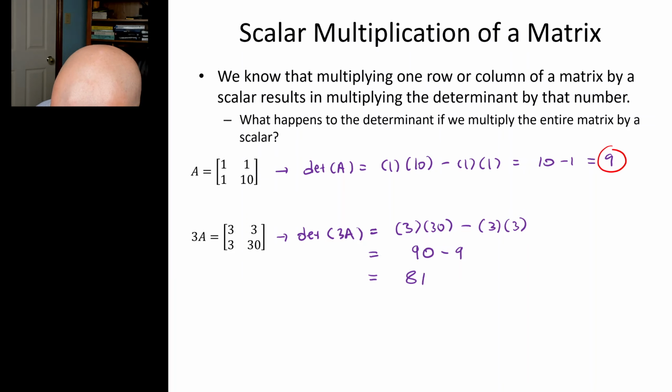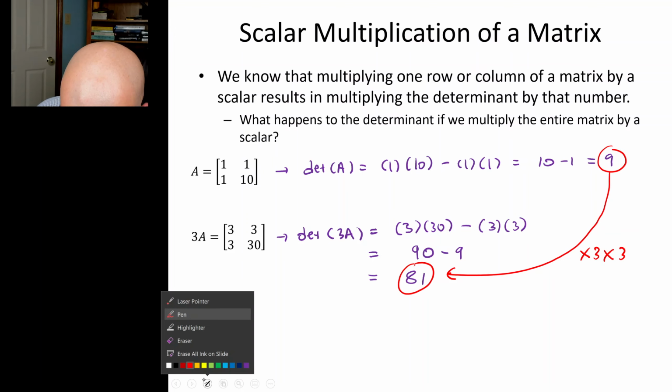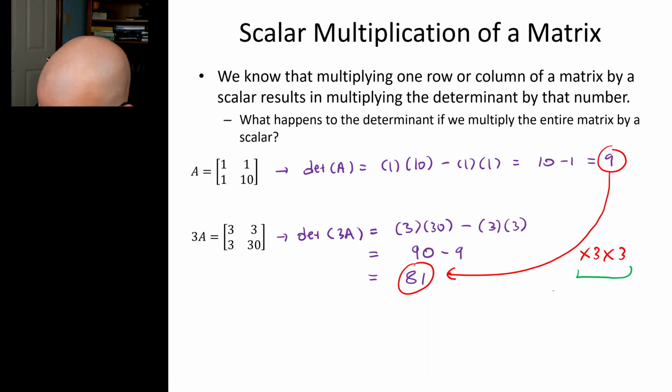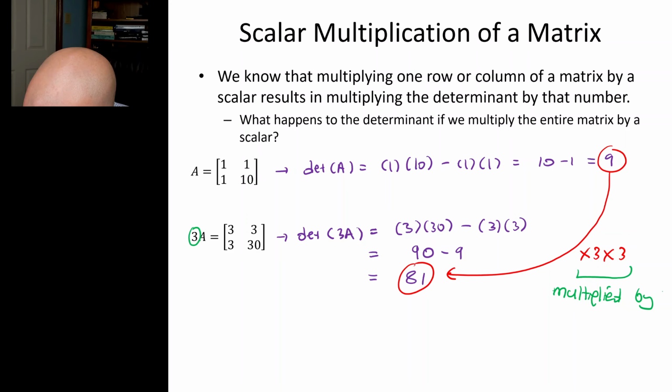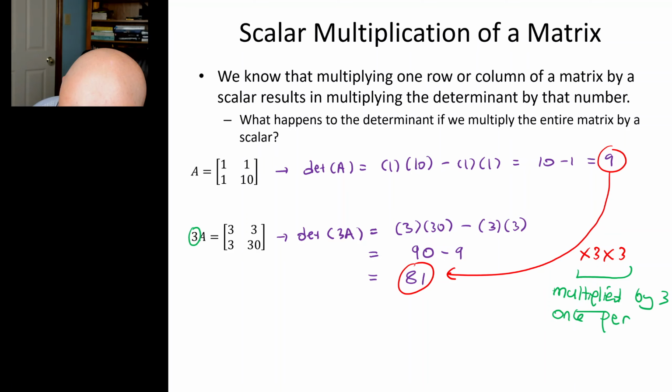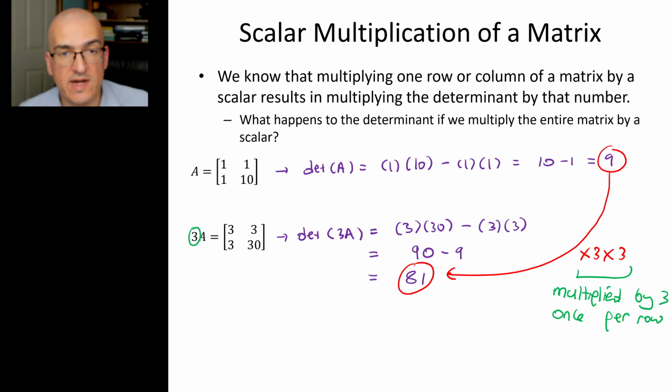The relationship between these is that it's multiplied by 3 once for each row. So 9 times 3 times 3, 9 times 9, 81.